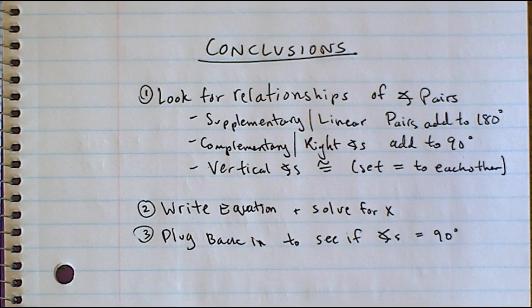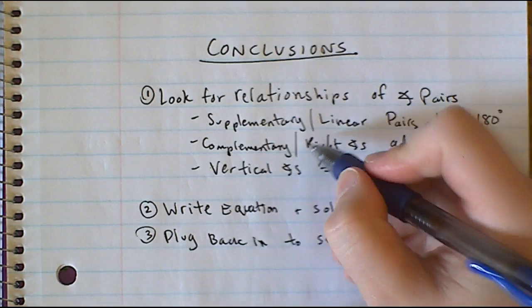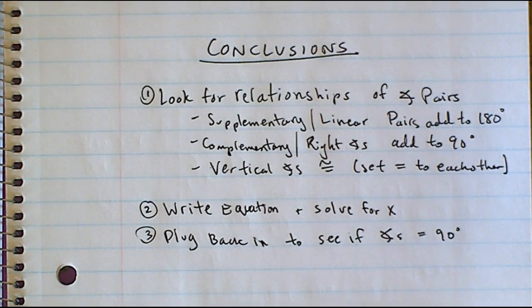Here are a couple conclusions that might help some of you with the step-by-step process when solving these types of questions. The key is to always look for relationships of angle pairs, and that's what we've been practicing all the last week. So supplementary linear pairs, complementary right angles, and vertical angles are all things that should be on your radar whenever you're doing a problem like this.